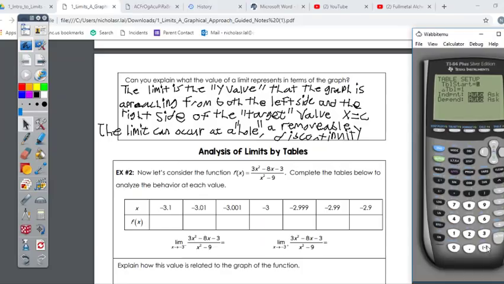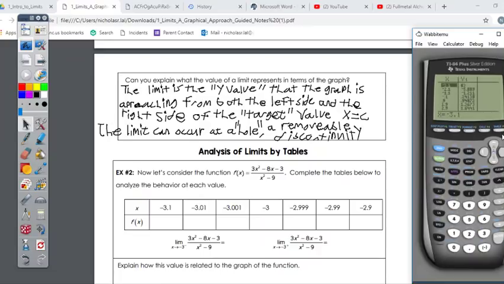Let's evaluate the function at the table set. Starting with negative 3.1, our function is 3x squared minus 8x minus 3 divided by, we need a parentheses here, x squared minus 9, close parentheses.